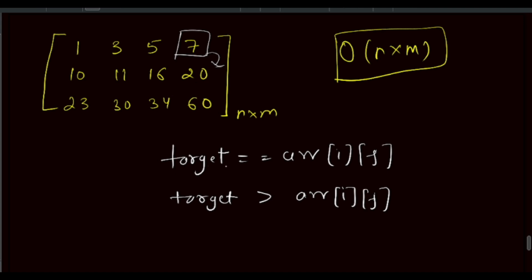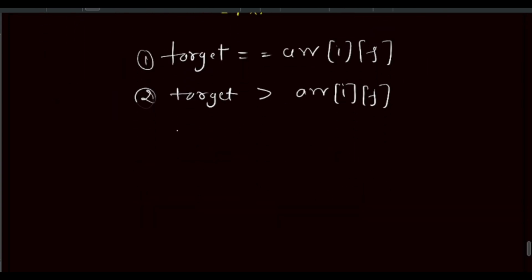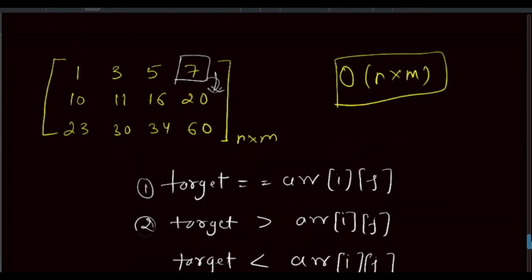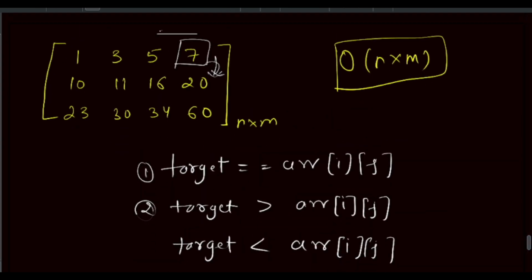So I'm going to move down if this case occurs, second one. And if the third case occurs when your target is less than array of ij, I'm going to move left. I'm going to move towards this direction.